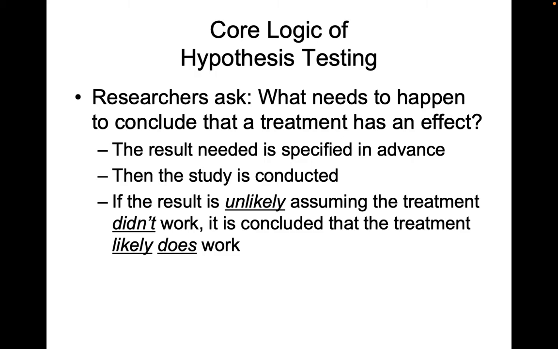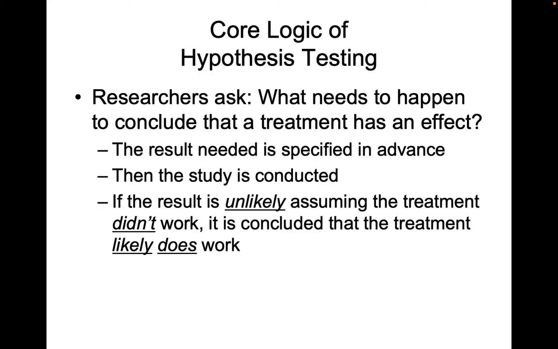We could say that the training that the student gets is a treatment. Okay? But it could be a particular condition of an experiment, even the passage of time. So in general, the researcher asks the question, what would I need to observe to conclude that the treatment, whatever it is, has an effect?